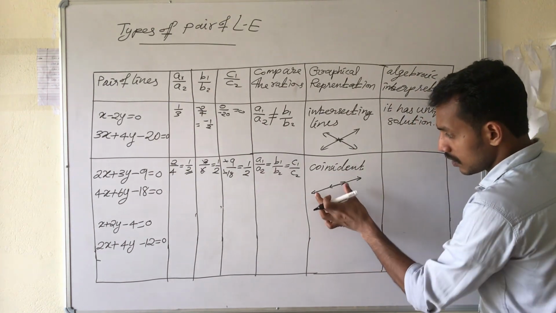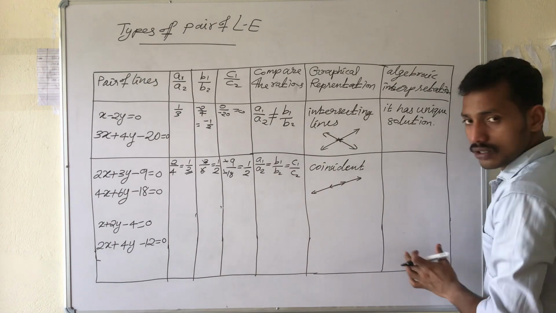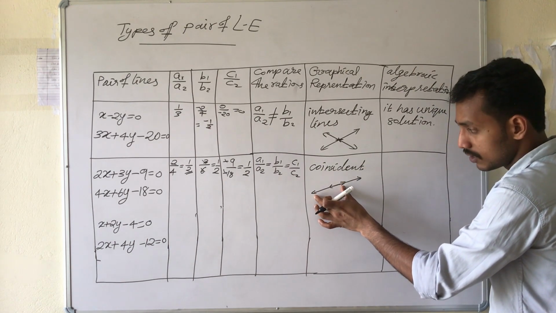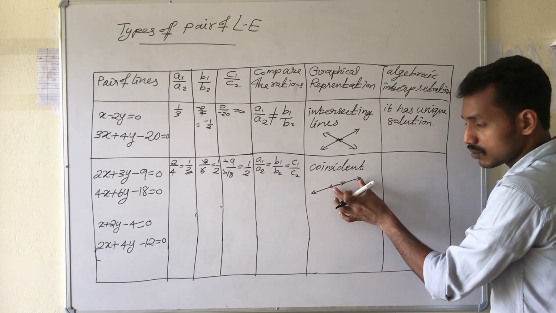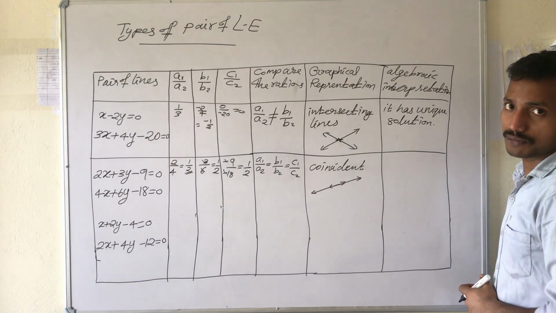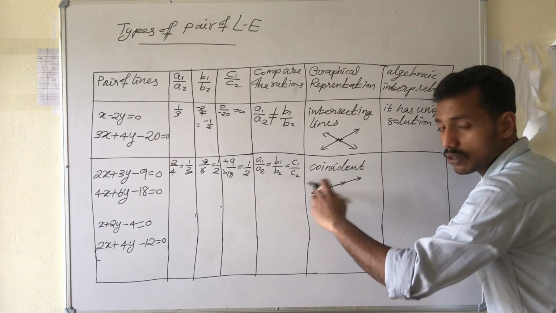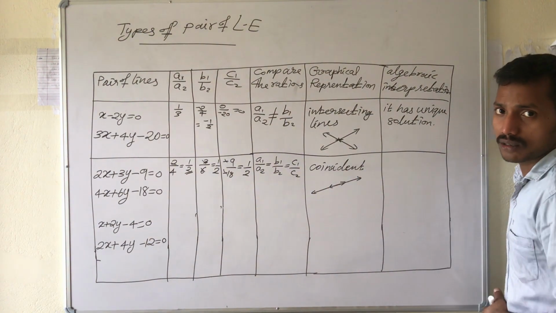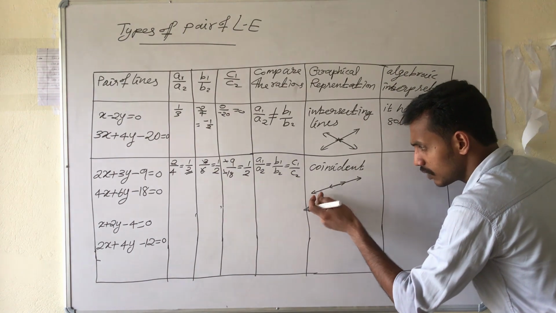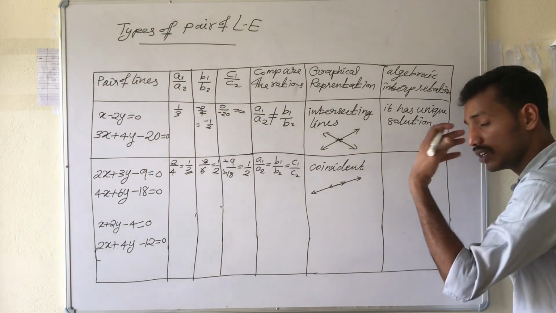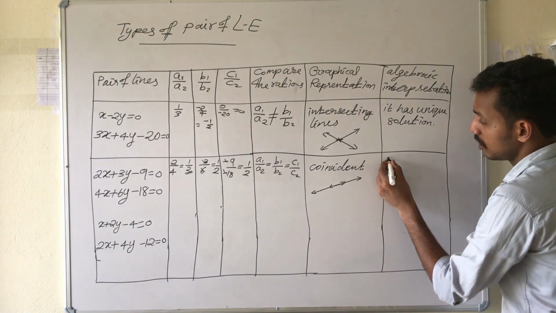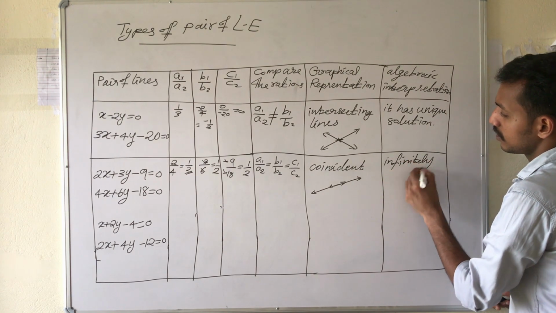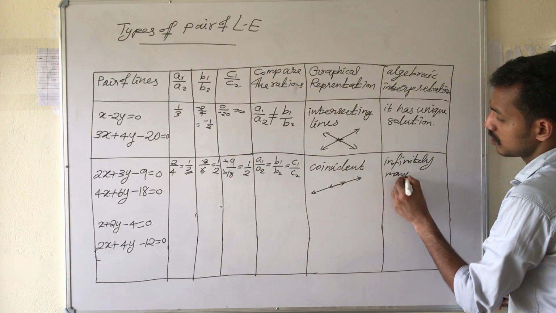All the points which lie on the first line lie on the second line also. That means these two lines are coincident. And there will be infinitely many solutions, because the points on the first line will be on the second line also. That means infinitely many solutions we will get.